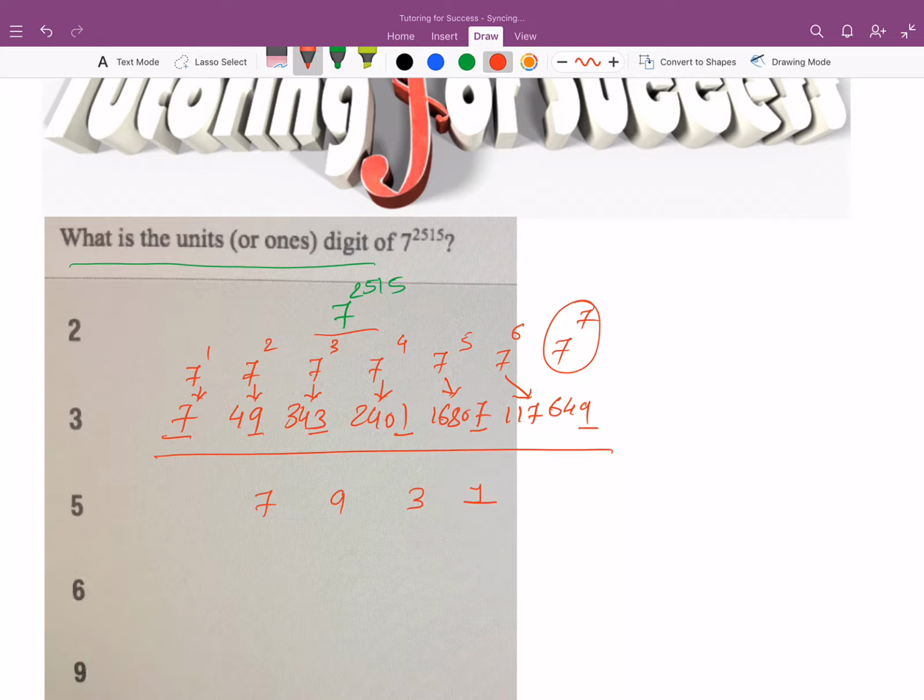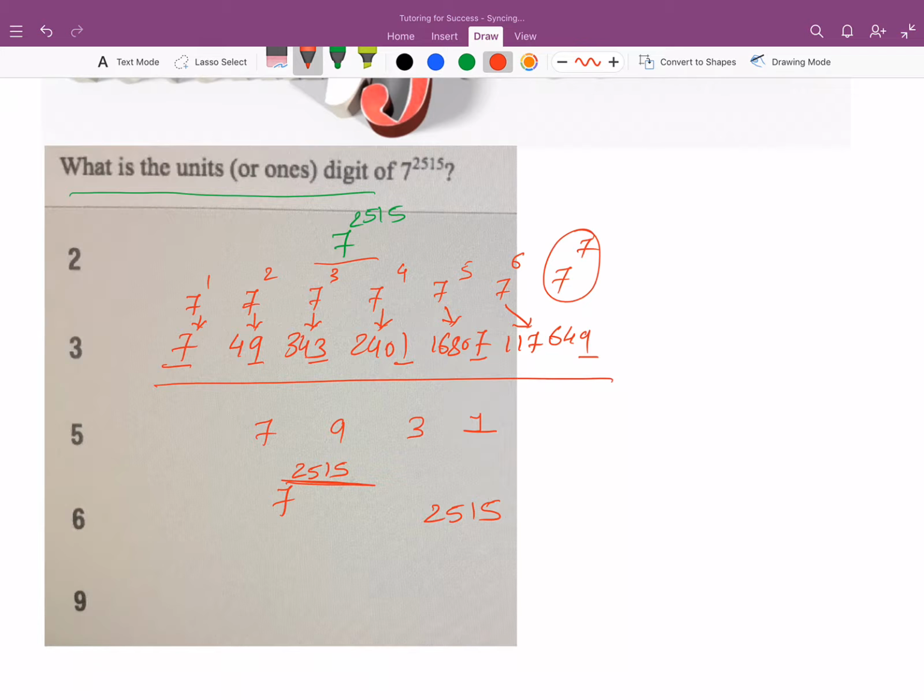So let's focus on this number, 2515. The power is 2515, and the pattern that we have has length 4.